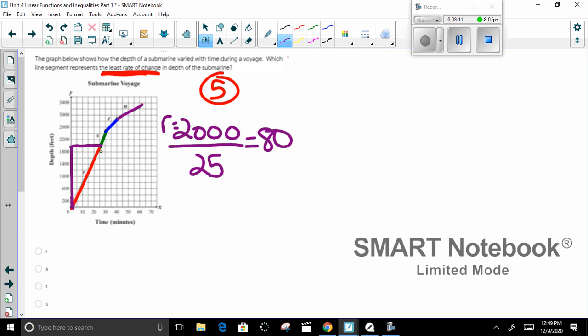All right, so for S it starts at 2,000 and it goes up 200, goes up 400, and it only goes over 5. So 400 divided by 5 is 80.